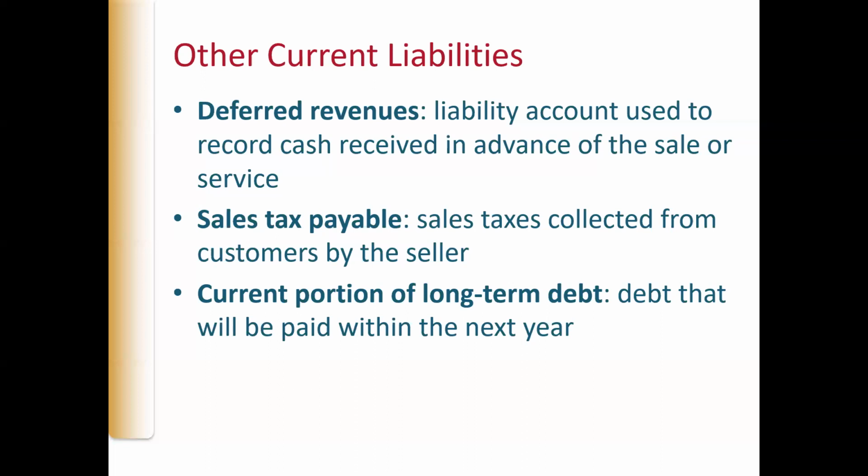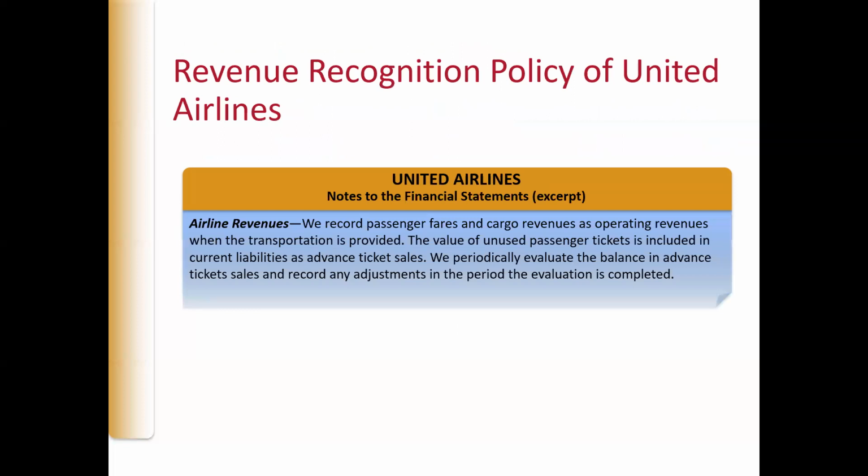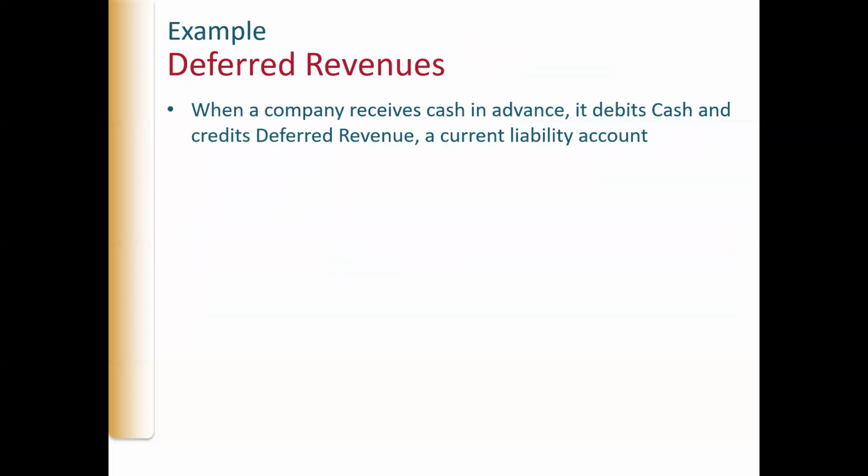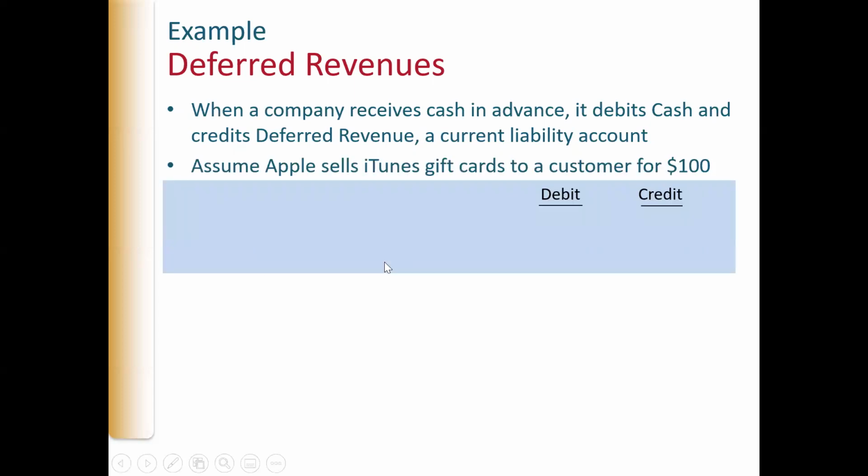Long-term debt is payable in excess of the year. But the current portion of that long-term debt is that portion that's going to be paid during this current year. So deferred revenues. When a company receives cash in advance, it debits cash and credits the deferred revenue, which is a liability account. Here's an example. Apple sells iTunes gift cards to a customer for $100.